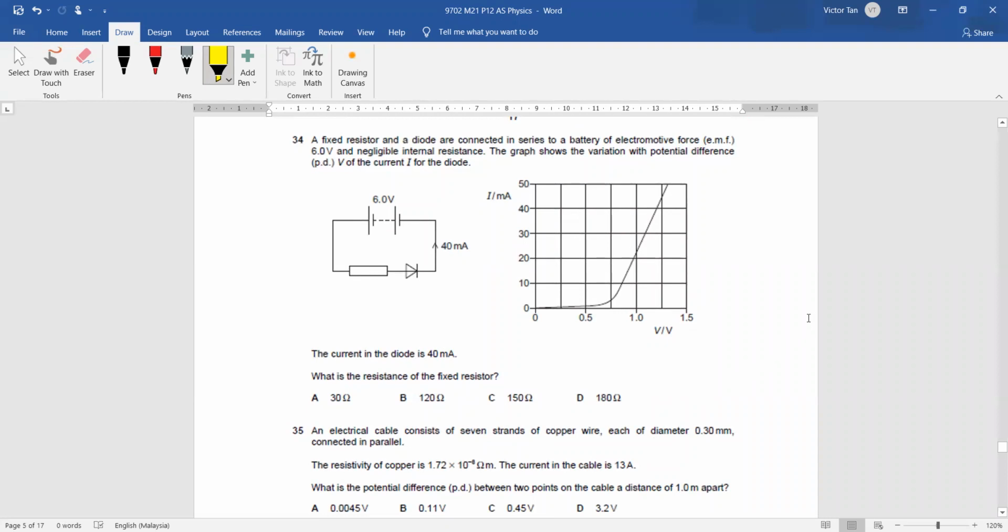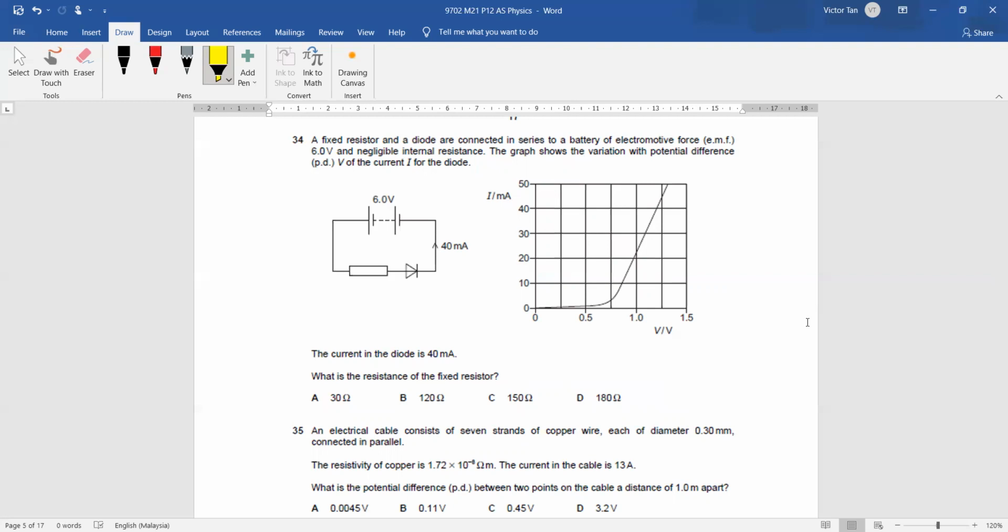Okay. A fixed resistor and a diode are connected in series to a battery of electromotive force EMF 6 volts and negligible internal resistance. The graph shows the variation with potential difference V of the current I for the diode. The current in the diode is 40 milliampere.